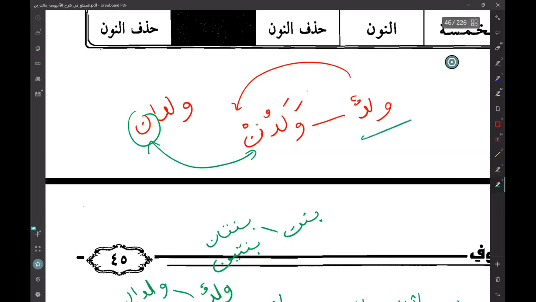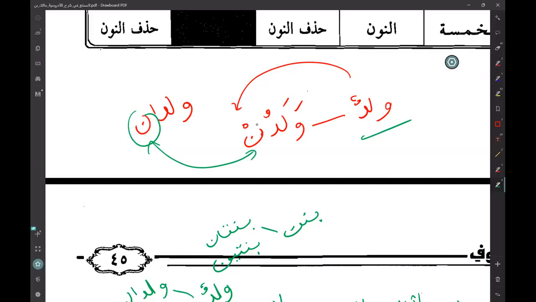Because as you can see, your mufrad has tanween, and basically they add this nun just to make it equal with the tanween or equal with the nun sakina. That's the way that Muhammad Muhyiddin explained in his book. Okay.